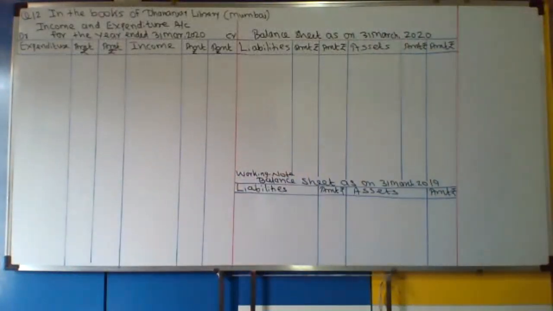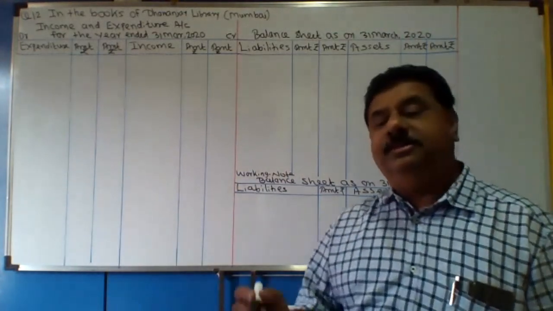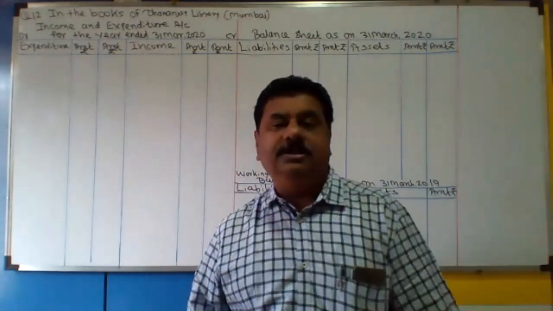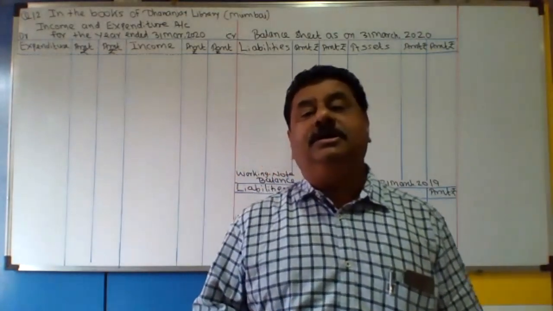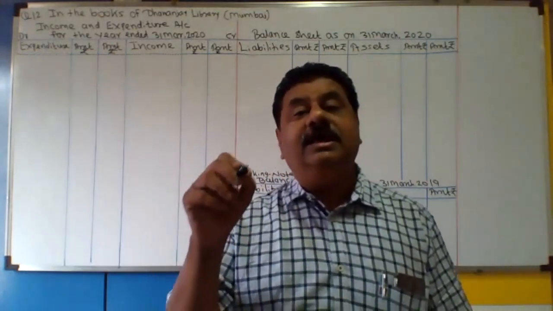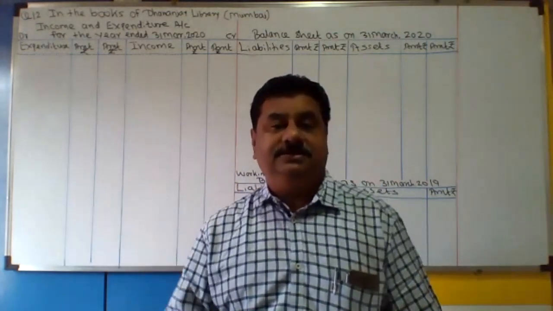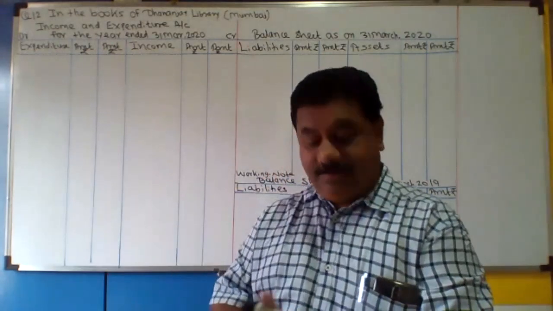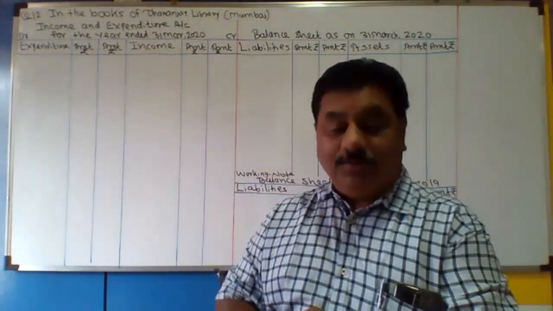Now let us begin with the solution. How to solve the problem is very important in the case of a not for profit concern. As a procedure I told you that you should record the assets and liabilities of the last year first. Now see how to record. First look at adjustment number 1.